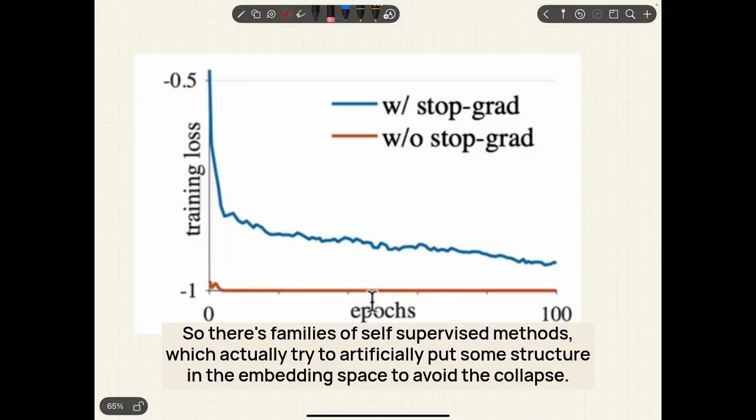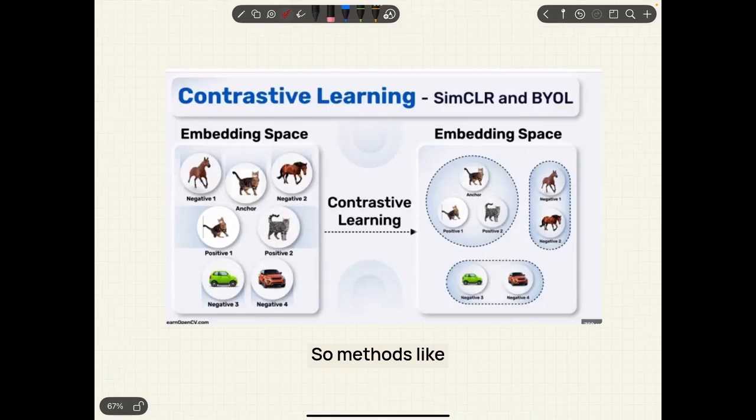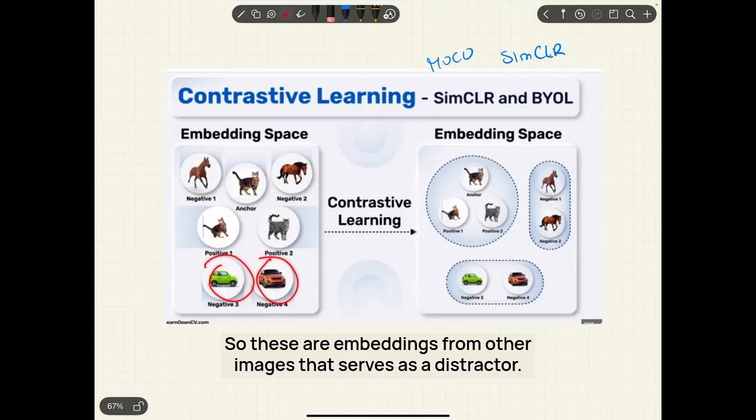There are families of self-supervised methods which try to artificially put some structure in the embedding space to avoid the collapse. Methods like MoCo and SimCLR introduce the idea of negatives. These are embeddings from other images that serve as distractors.